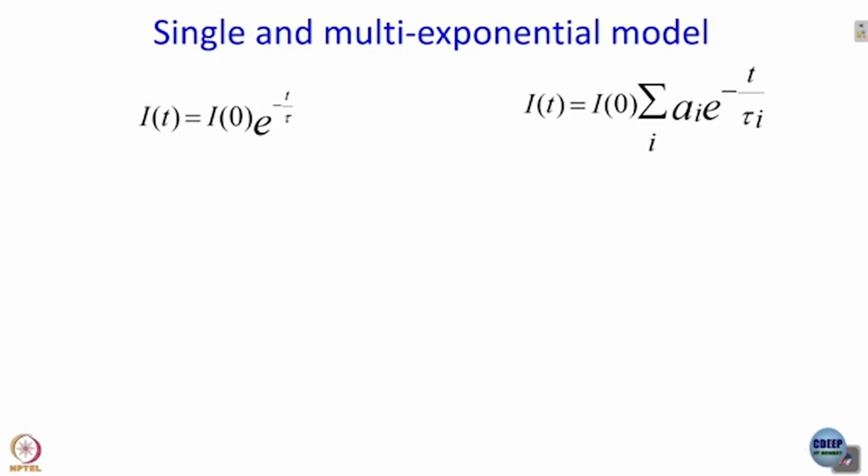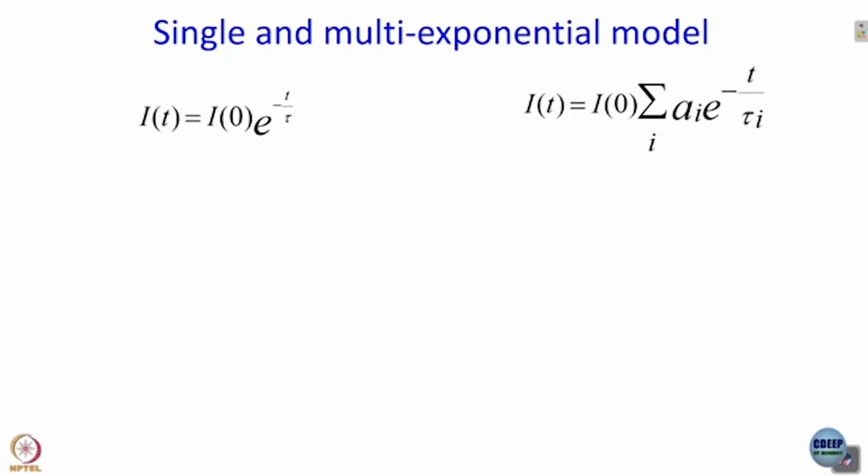Now, the thing is, if you increase the number of exponential terms, generally you would get a better decay, a better fit, because there is something called over parameterization. So, first question to ask is my decay single exponential or is it not? How do we know whether it is single exponential or not?